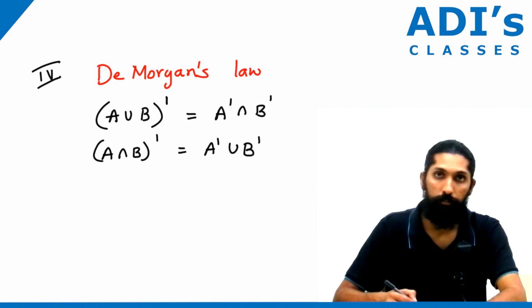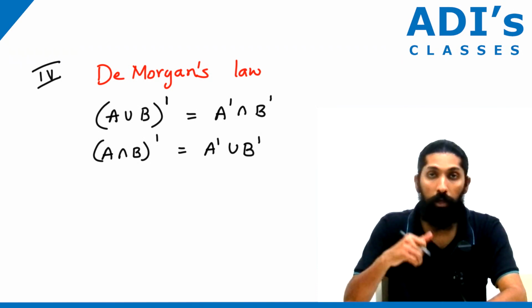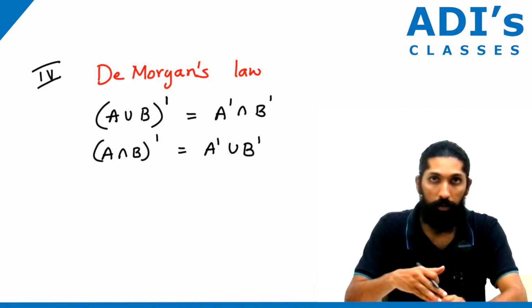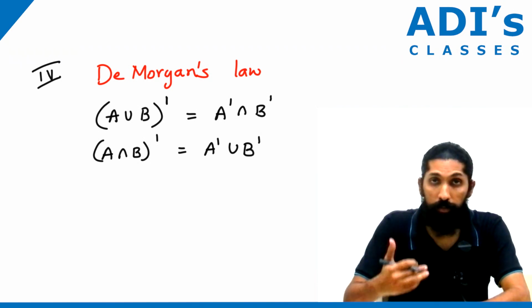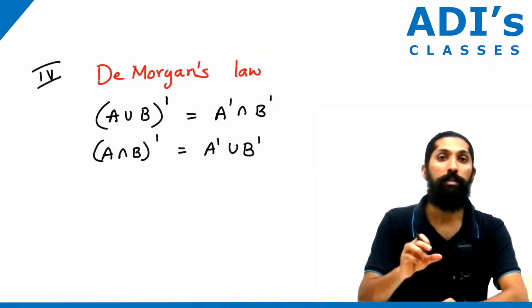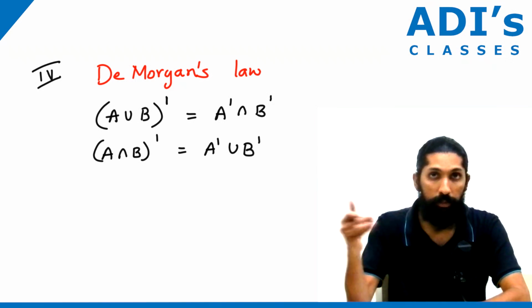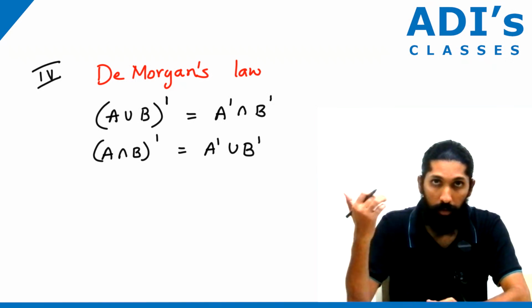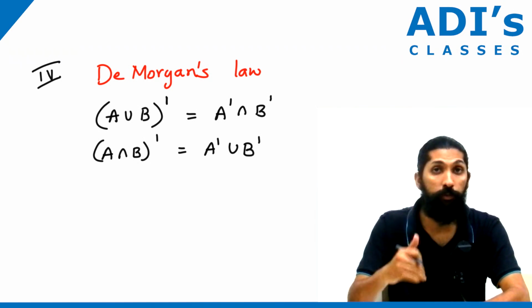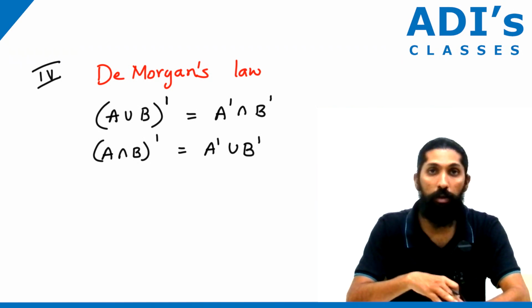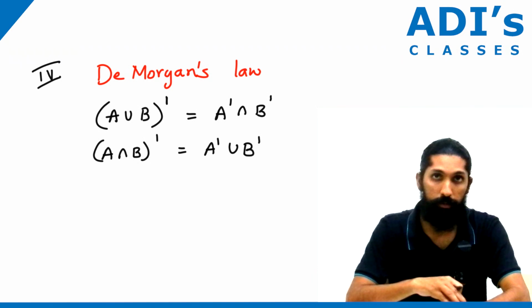These two together are what we call De Morgan's law. There are a lot of problems based on this, like: given sets A, B and the universal set, show that De Morgan's law is true, or prove De Morgan's law.